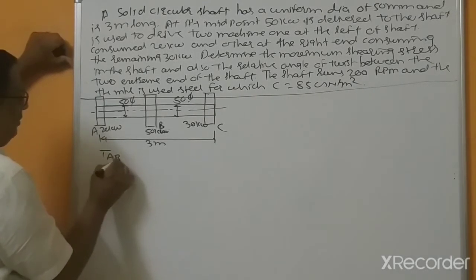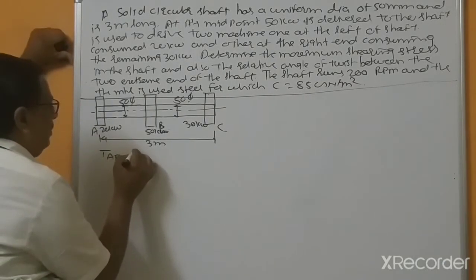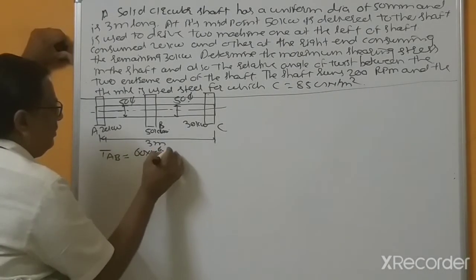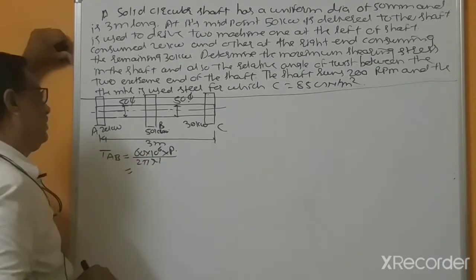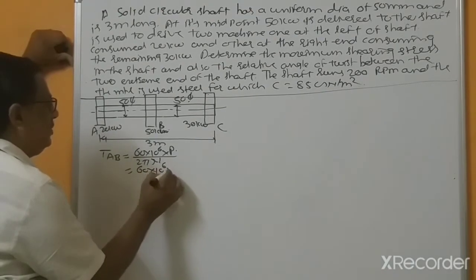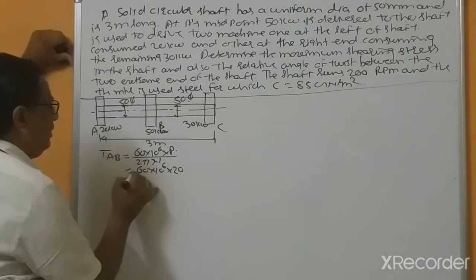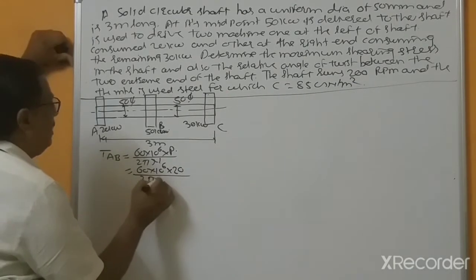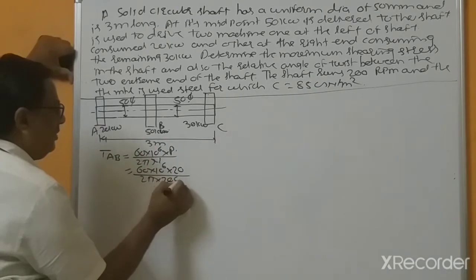So torque for AB equals 60 into 10 to the power 6 multiplied by P divided by 2 pi N. Here P is 20 kilowatt and N is 200 RPM.